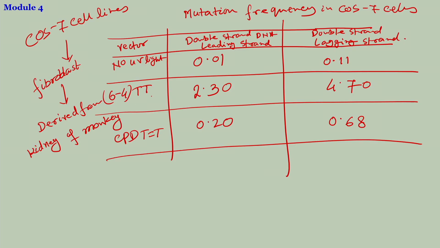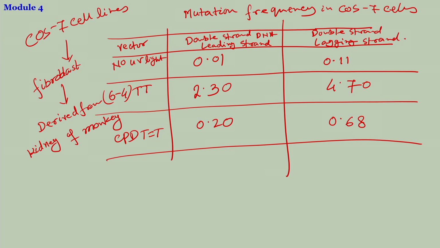On the other hand, 6,4 lesions and the Dewar valence lesions are formed in minute quantity, their yield of formation is quite low, but their degree of mutation is very high. So, even a slight amount of formation of 6,4 lesions can damage the DNA, cause a huge amount of mutation in the genome, and change the function of the genome.